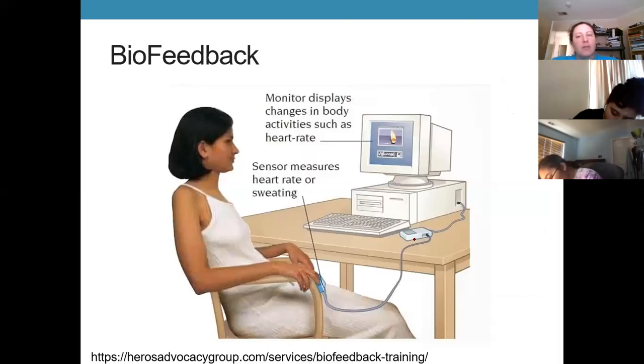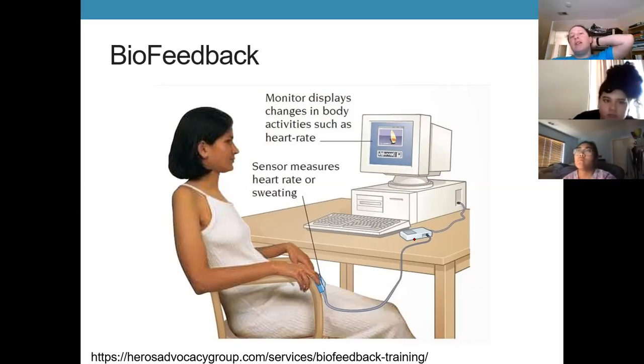So I throw this one in because biofeedback is what we call it when we learn to take some conscious control over some of our autonomic parameters. And usually the way we do that is by measuring them in such a way that we can see or otherwise be aware of them. And then we can learn to use things that we can control, like our breathing and our emotions, to alter it.